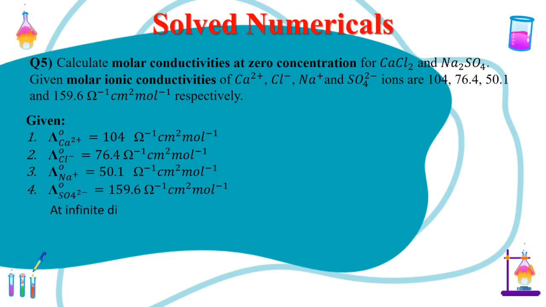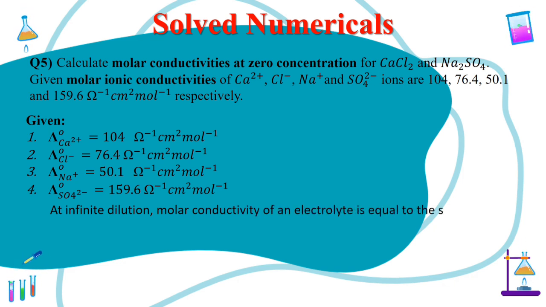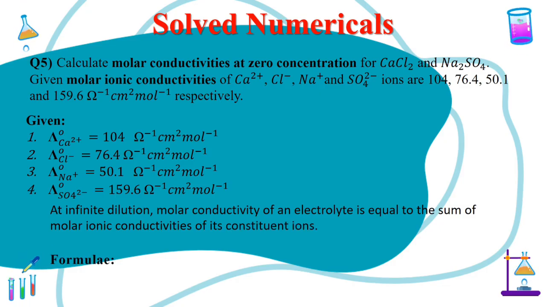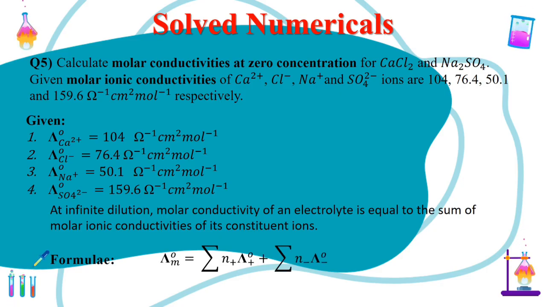As we know from Kohlrausch law, at infinite dilution, the molar conductivity of an electrolyte is equal to the sum of the molar ionic conductivities of its constituent ions. Using the Kohlrausch law formula, we can solve the above numerical.